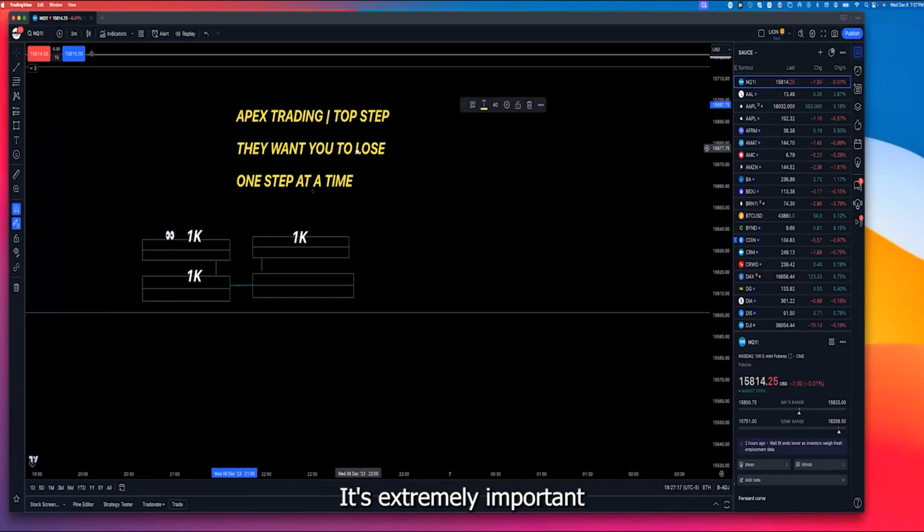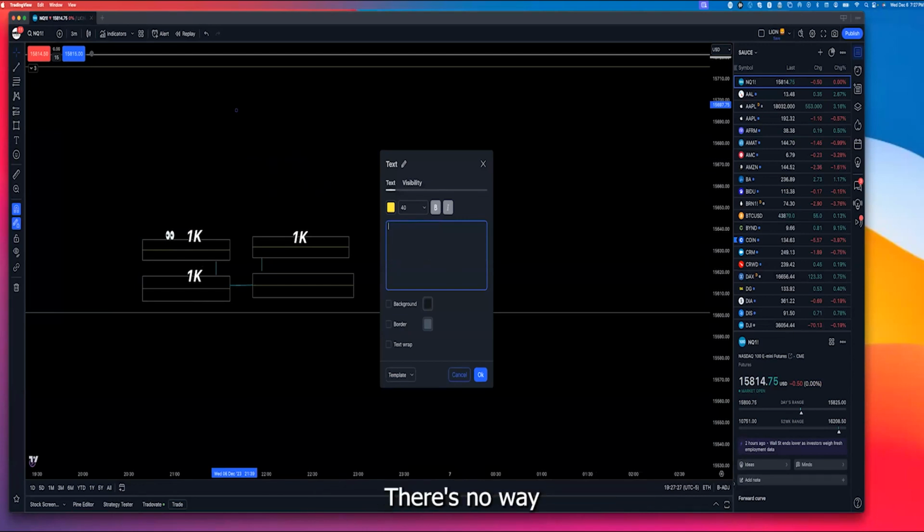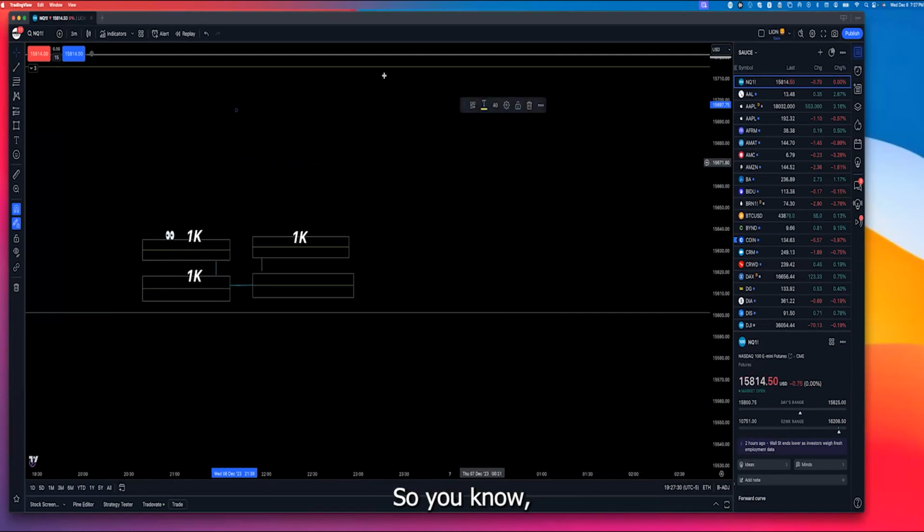That's extremely important to understand. That's a really good point, because with a 25K account, there's no way you're going to do 20 contracts, right? So knowing exactly what the balance is is very critical when it comes to your risk management.